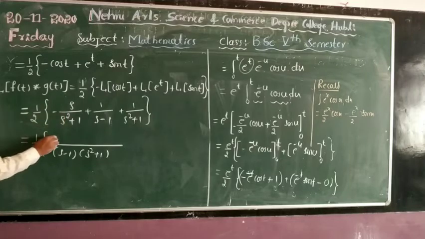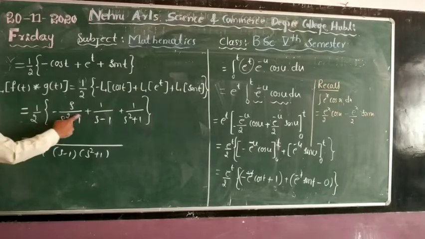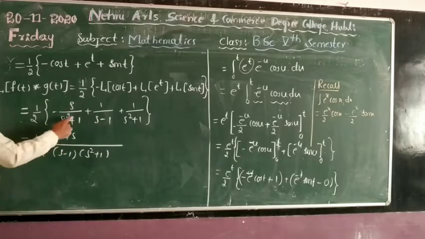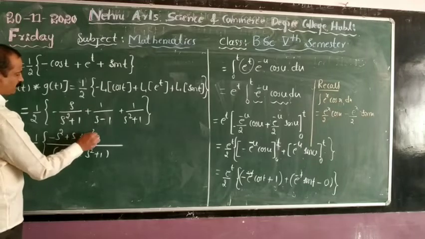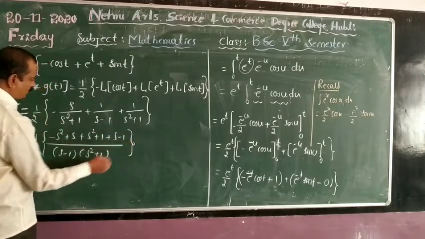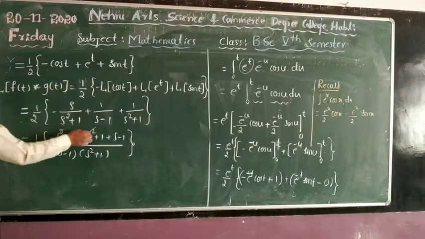Wherever there is no s minus 1, multiply and simplify, that is minus s into s minus 1 is minus s square plus s. There is no term of s square plus 1 here, therefore multiply. There is no term of s minus 1 here, therefore multiply s minus 1 in the numerator.